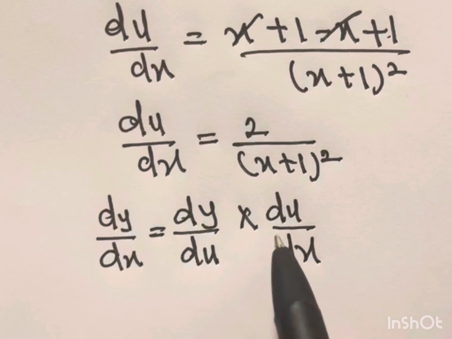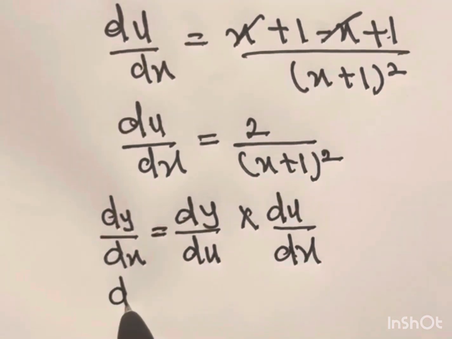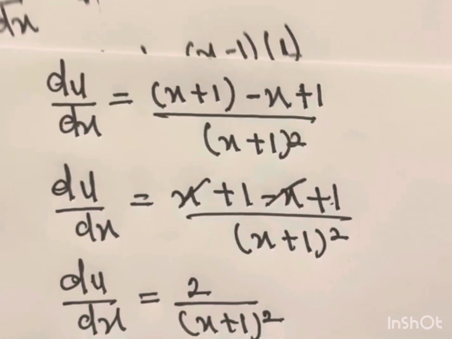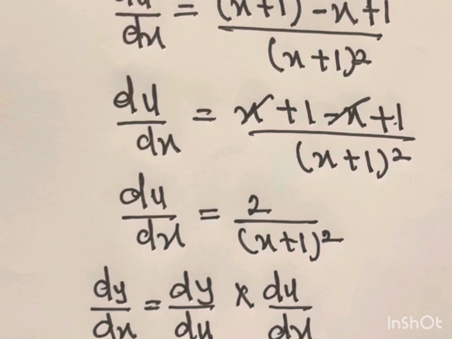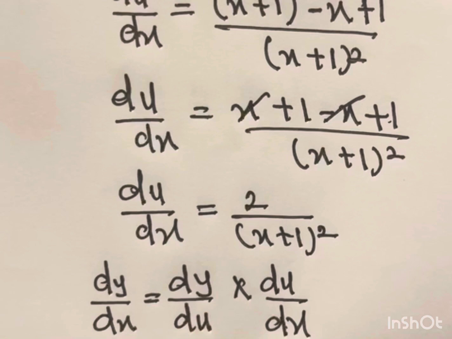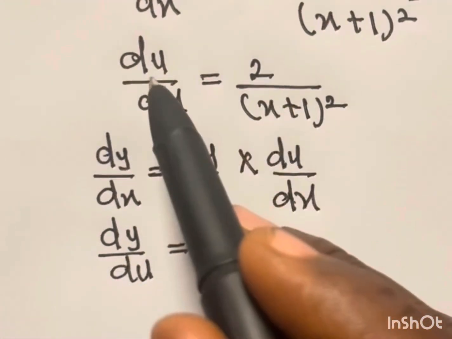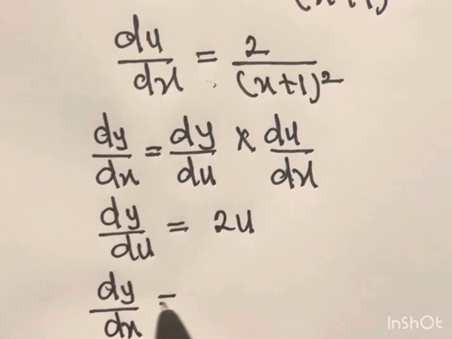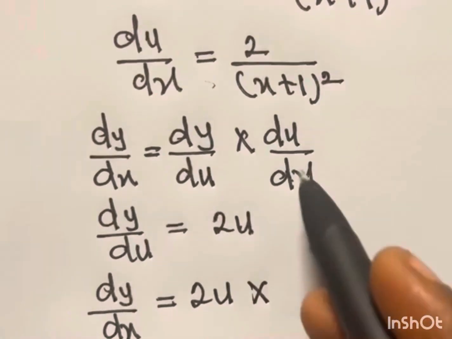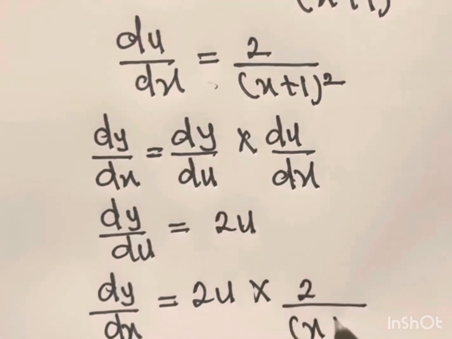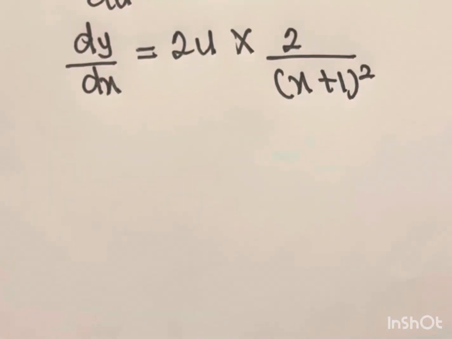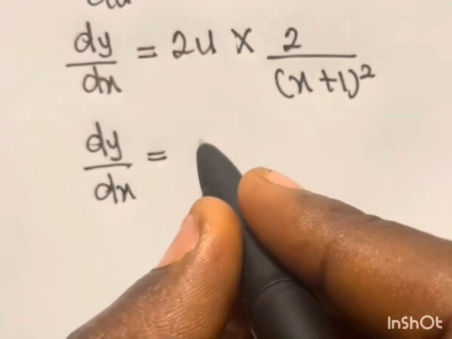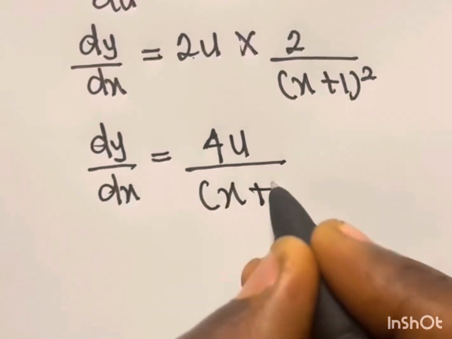Now we have our dy/du, which is 2u, and du/dx, which is 2 divided by x plus 1 squared. So dy/dx is 2u multiplied by 2, that is 4u, divided by x plus 1 squared.